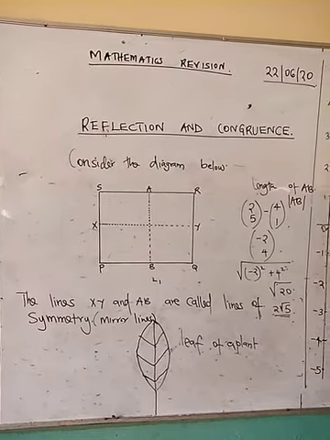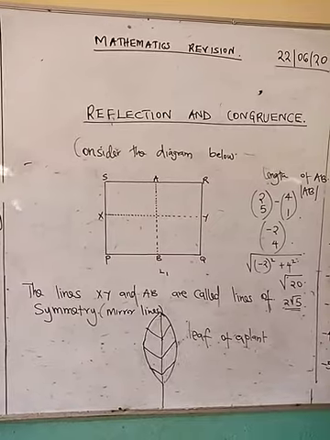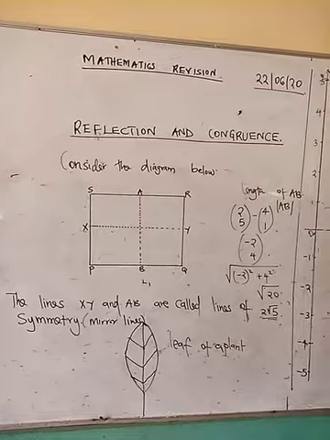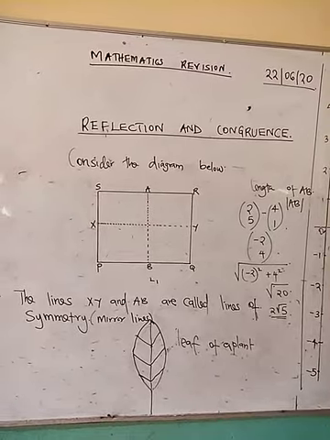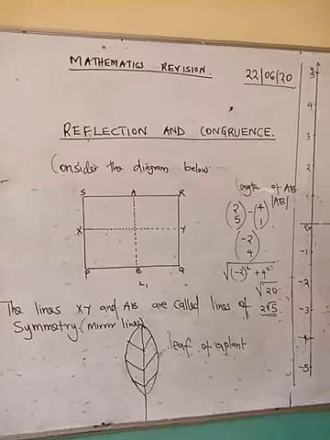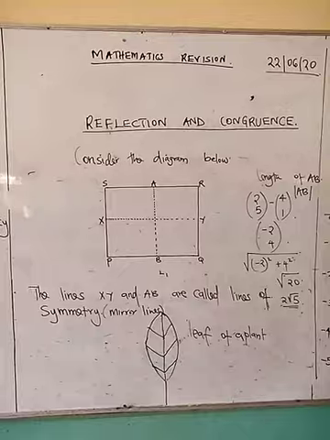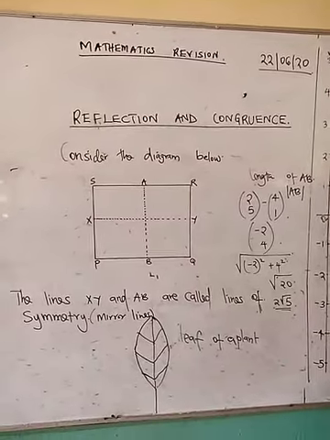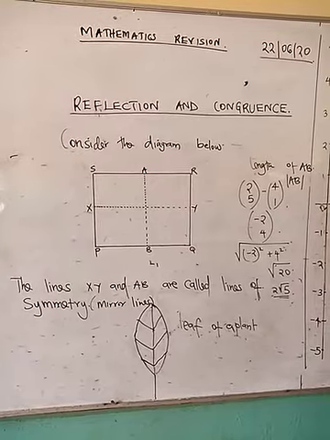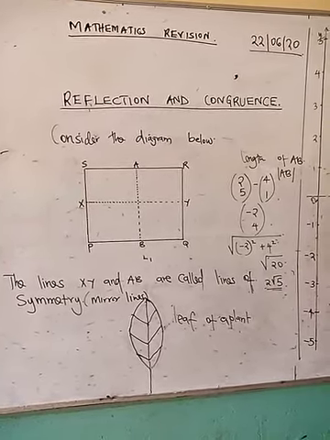From our own environment, from a leaf of a plant, wherever you are, try to look at that line of symmetry. You will find that it is marvelous and good. When we talk of lines of symmetry and mirror lines, these are things we interact with daily, and that's why I've given the example of a leaf.